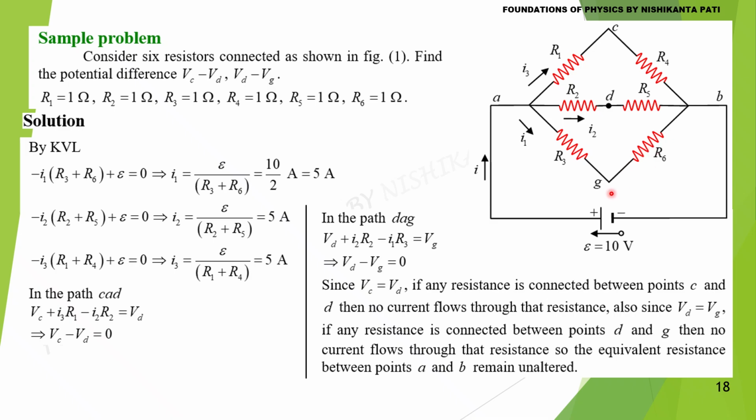Hence, the current distribution is not affected by the presence of any resistance between C and D or any resistance between D and G. So the effective resistance between A and B remains the same for any value of resistance connecting CD or connecting D and G.